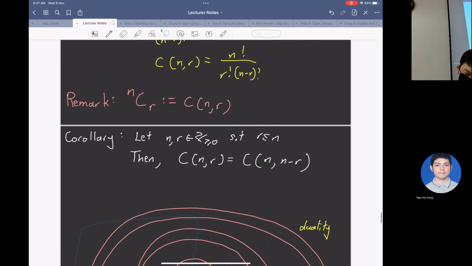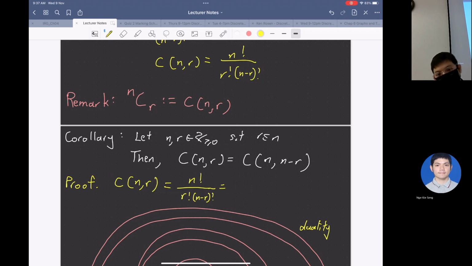Is it easy to see this? Can anyone see the equality?